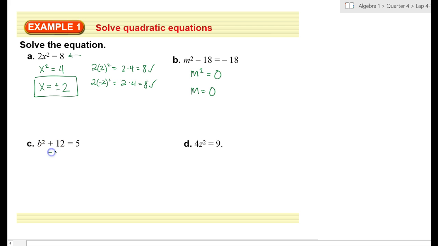C, we subtract 12. So b squared is equal to a negative 7. Hopefully you notice this number is negative, obviously. And I can't take a square root of a negative, so we just have no solution.